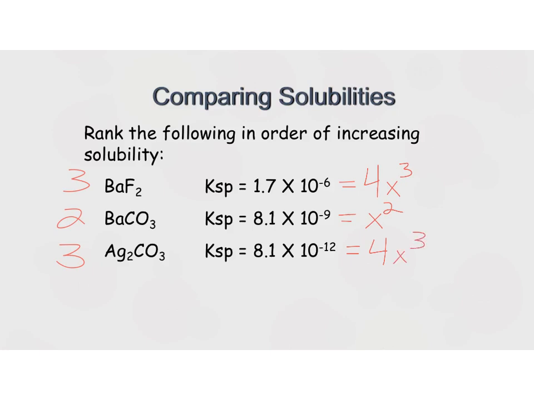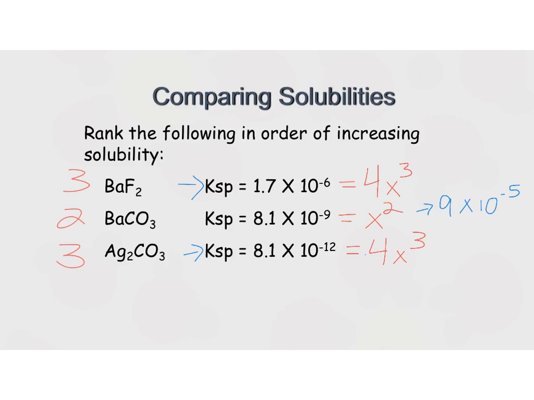Now if you do a little math here, you can rank them very easily. Okay, so if you do a little math, you should be able to deduce some things. Okay, one thing, I got molar solubility here as 9 times 10 to the negative 5th. All right, now these two, obviously we know which one's more soluble here, right? Because you can compare them directly. They both have 3. So this one's definitely more soluble than this one.